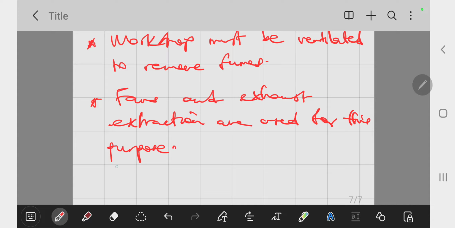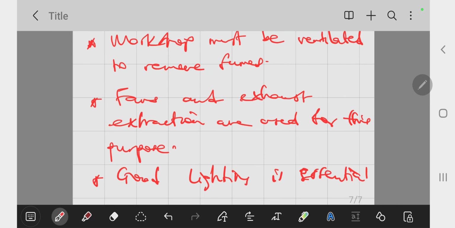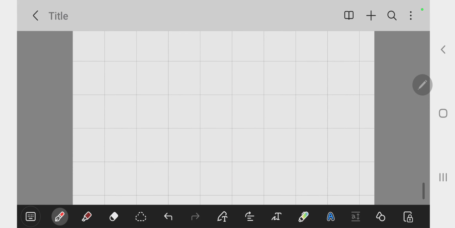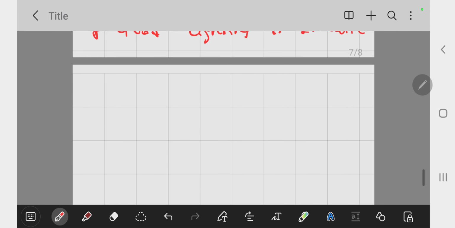And then lastly, good lighting is important. Good lighting is essential to see.